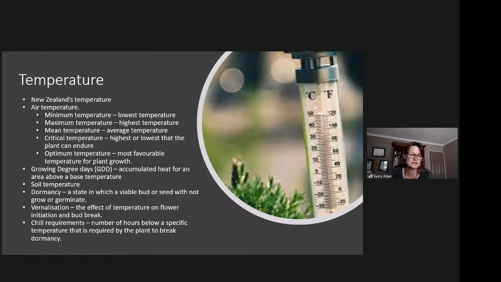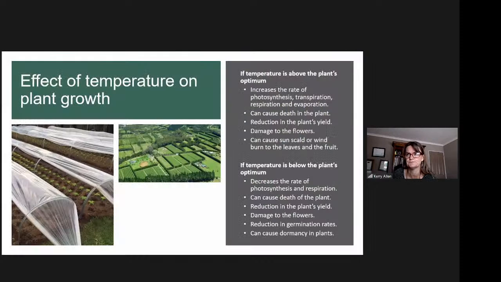And then some plants require chill requirements. This is a number of hours below a specific temperature in which to break dormancy. Lots of your dormant plants, your deciduous trees, for example, usually all require a chill requirement. Apples require a certain amount of chill before they will break that dormancy. If they don't get it, they won't set fruit.